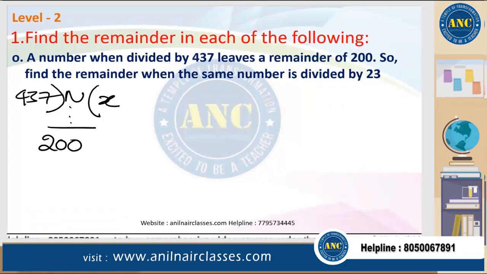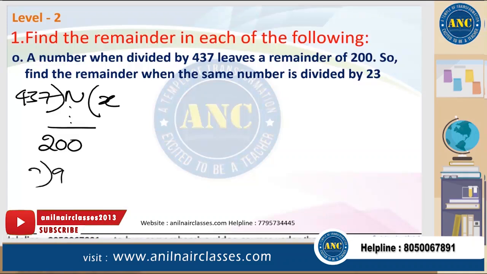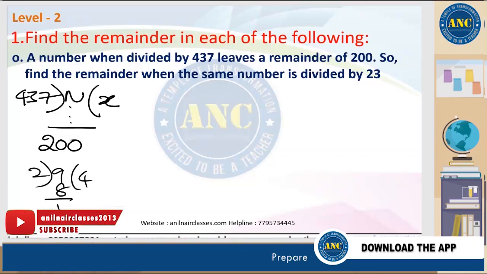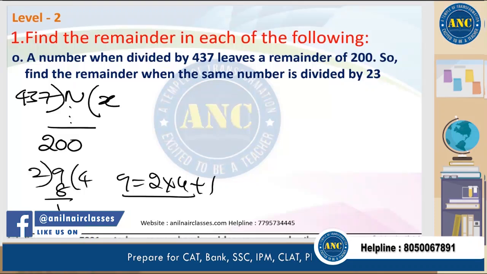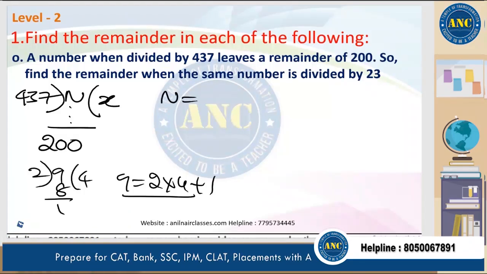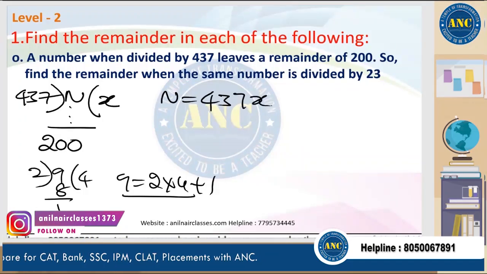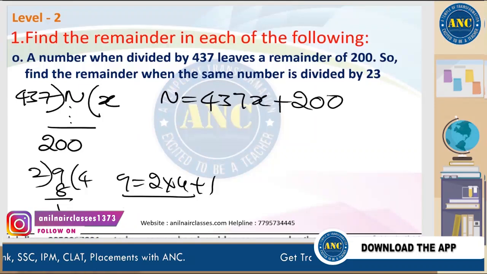A number when divided by 437 leaves a remainder of 200. So 9 when divided by 2: 2 4s are 8, remainder 1. 9 is 2 into 4 plus 1. Similarly, n is 437 into x plus 200.